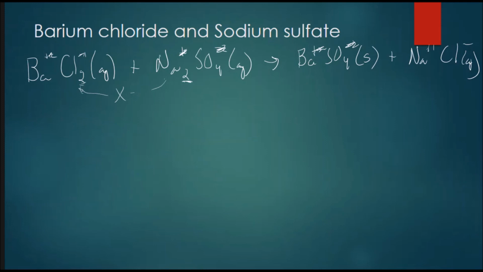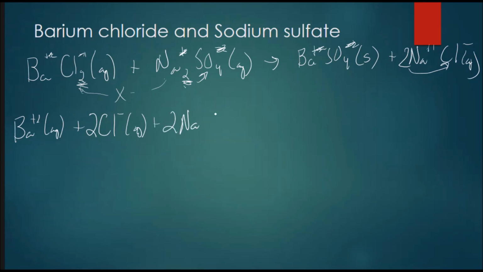But there's something bothering you, and it should be bothering you, because if you have 2 Na's there, you need 2 Na's here. If you have 2 Cl's here, you need 2 Cl's here, and now it is balanced. Molecular equation, Ba plus 2. Yes, that's there because of barium, so it comes down as a large number. This is there because of sulfate, so it comes down as a large number.